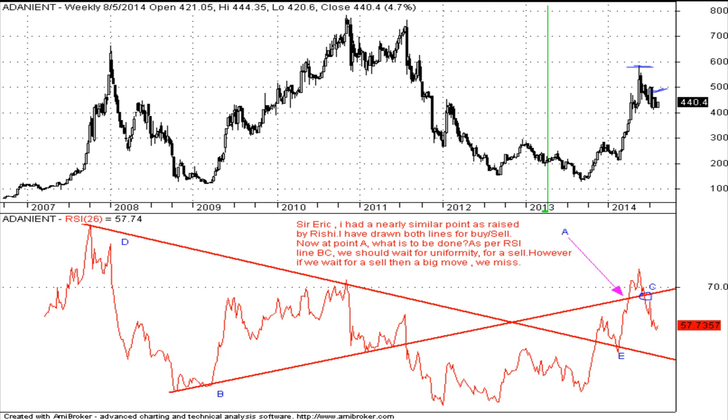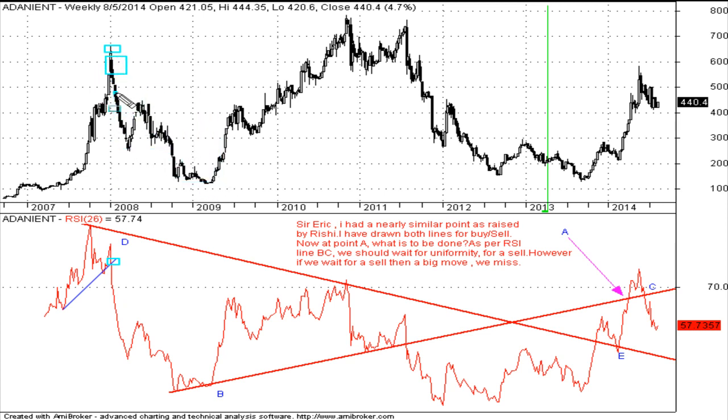But I want to show you something about the uniformity that still works on this chart. If we go back to the previous breakpoint, which was this high in 2007, a high of about 650, you see the breakpoint on the RSI took place here. So we got a breakpoint on the RSI from these highs here before this big drop.